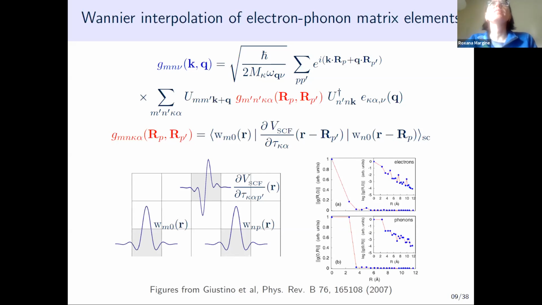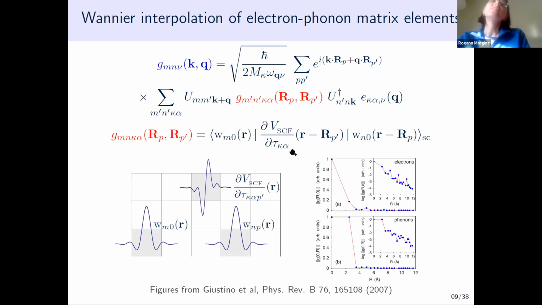In the first case, the spatial decay is dictated by the localization of the Wannier function and is expected to be similar to the decay of the Hamiltonian matrix elements in the Wannier representation. While in the second case, the spatial decay directly reflects the decay of the phonon perturbation in the Wannier representation and is expected to show a localization similar to the dynamical matrix.